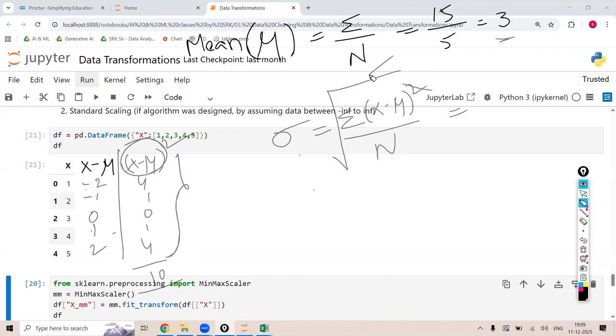No, this is not a square; this is the column name, x minus mu whole square. So what is the total of this column? 10. 10 divided by 5 is 2, which is nothing but the square root of 2.